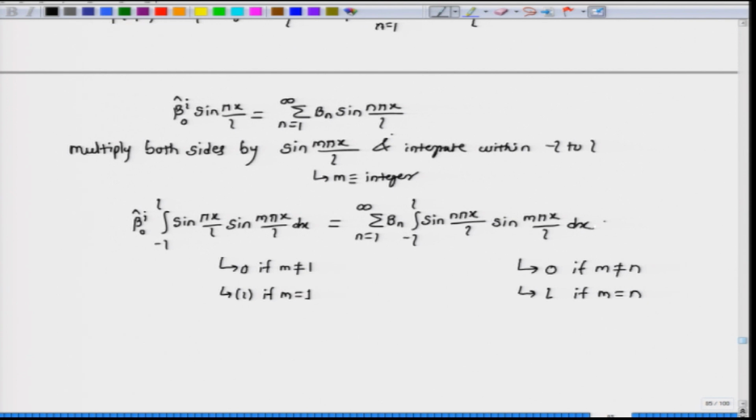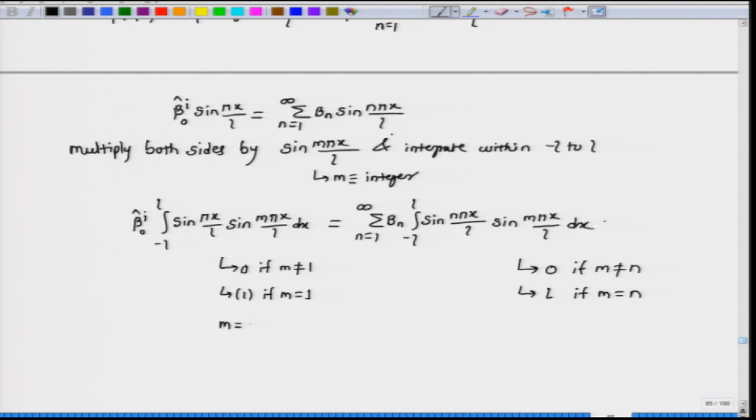So, in effect, if both the sides are 0, then it won't help. So, m has to be equal to n and m has to be equal to 1.